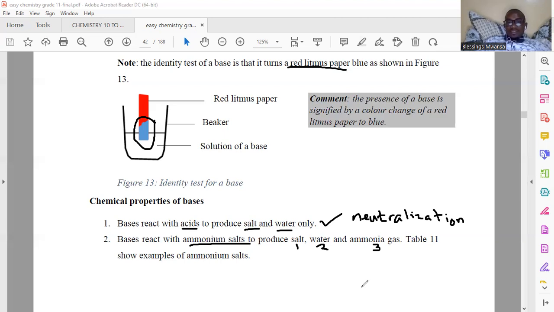You take a base, which can be sodium hydroxide or magnesium hydroxide or calcium hydroxide, and you react it with an ammonium salt. It will produce a salt, water, and ammonia gas. This is used in the preparation of ammonia gas in the laboratory.